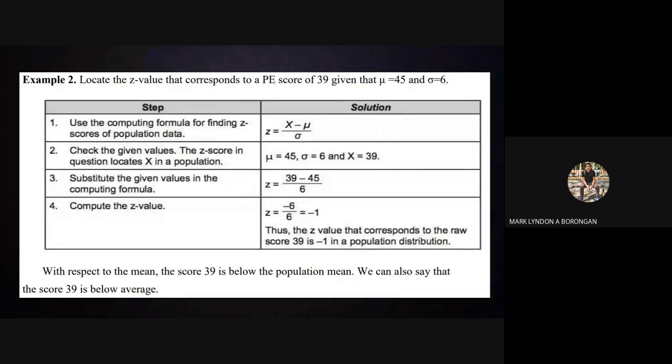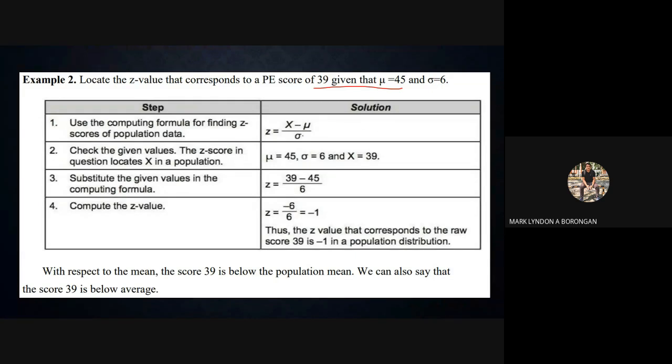So, for another example, locate the z value that corresponds to a PE score of 39, given that your mean is 45 and your standard deviation is 6. Okay?